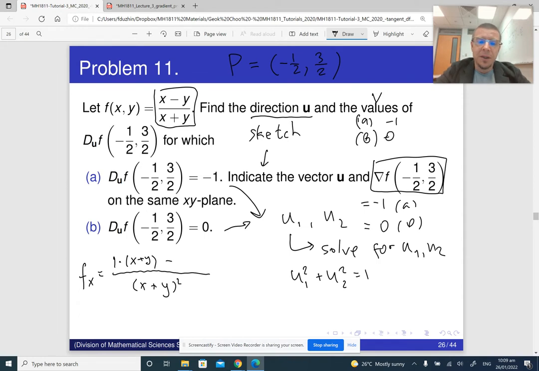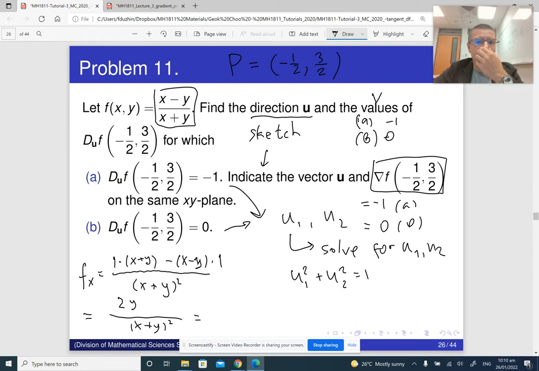Now we keep the numerator, x minus y, times the derivative of the denominator, which is 1 with respect to x. So fx equals (x + y - x + y) over (x + y) squared. Cool. So x minus x cancels out, and y plus y gives us 2y. So this is just 2y.